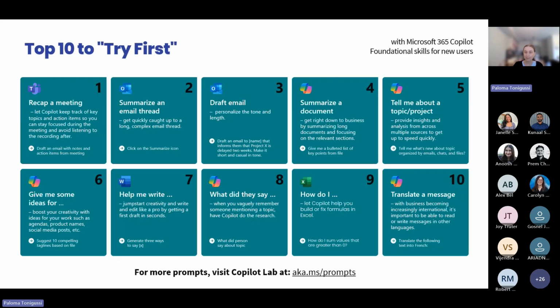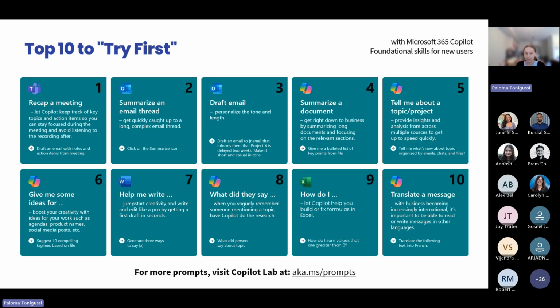I'll jump to the next slide. We also have another set of prompts. These are great to help your team get started today. There are 10 simple ways to begin using Copilot. Examples of just how Copilot can help you streamline everyday tasks, help with productivity, and make work just more efficient.